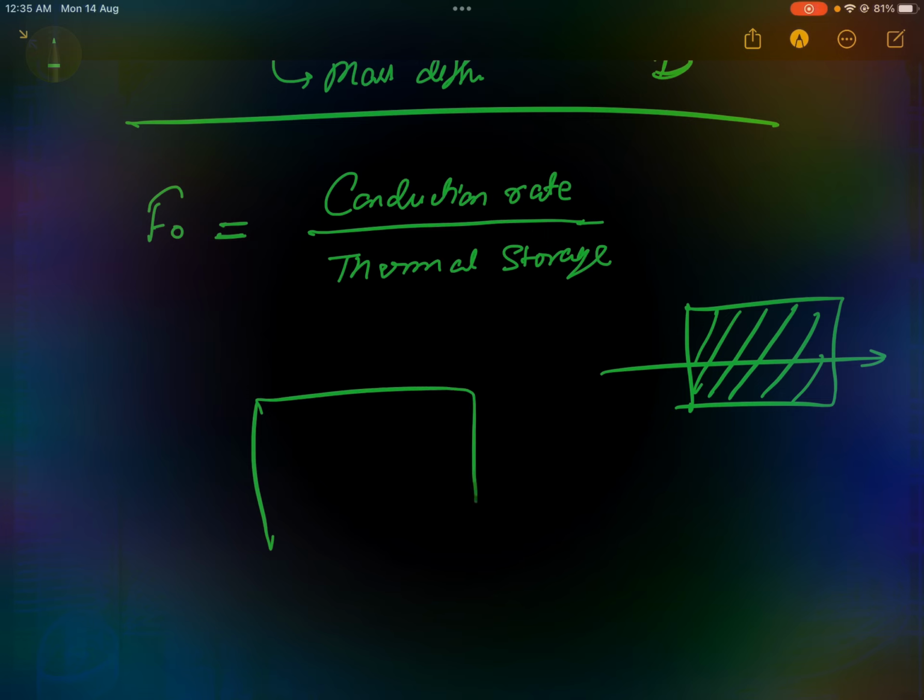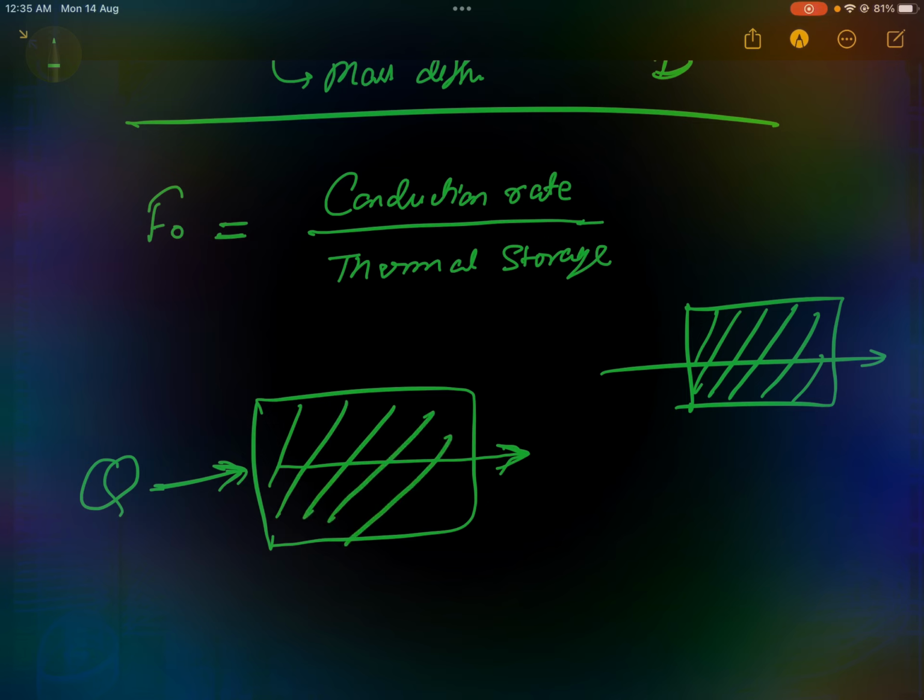We want to know that if we transfer some amount of heat to this material, how much heat is transferred by this material rather than stored. Let's say a small q amount of heat it stores, and capital Q minus small q it transfers.